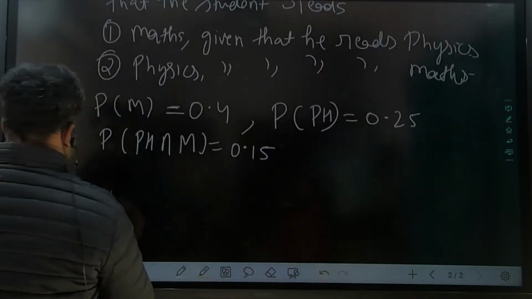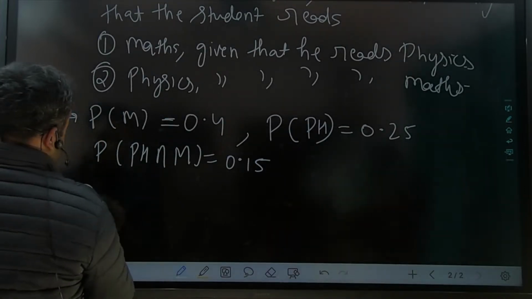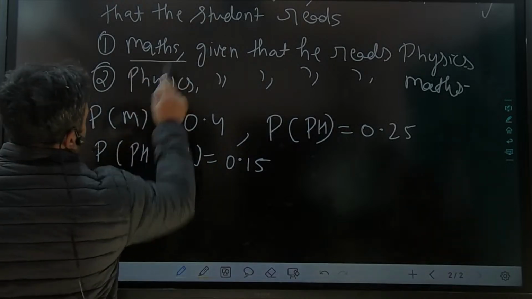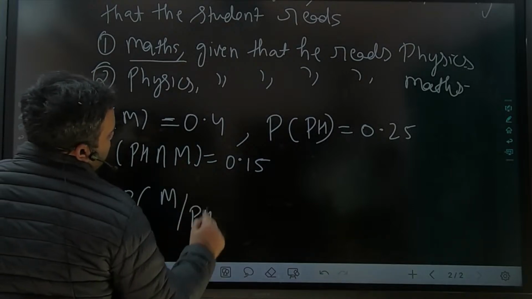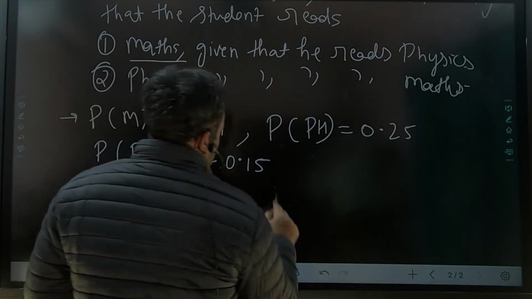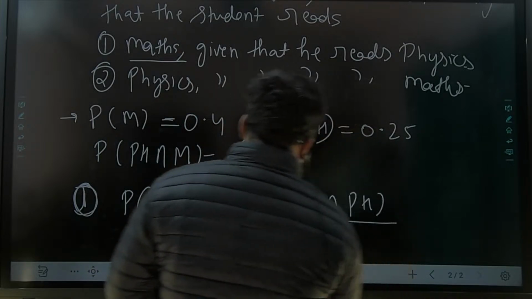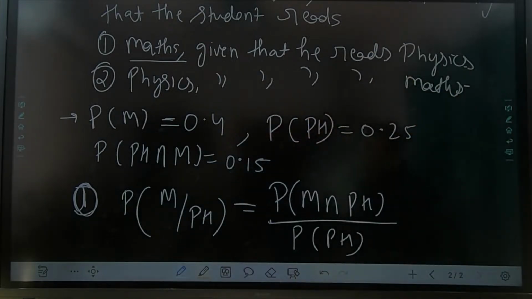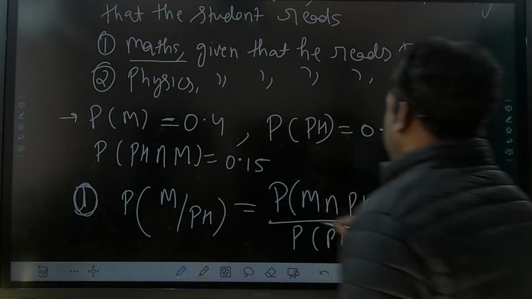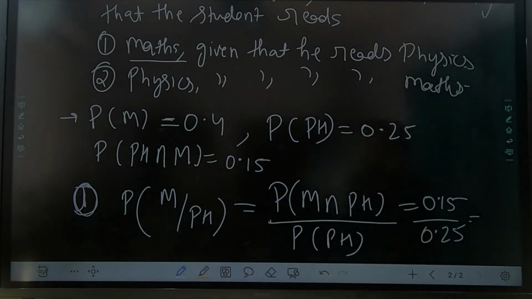So first, I try to write in symbolic form. I have to calculate the probability of the student studying maths given they study physics also. That is probability of maths intersection physics divided by probability of physics. We just put in the conditional probability formula. So this is 0.15 and physics is 0.25, which is around 0.6.